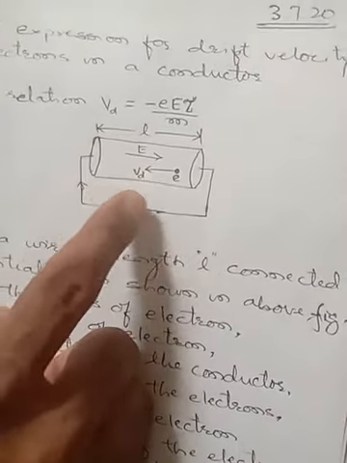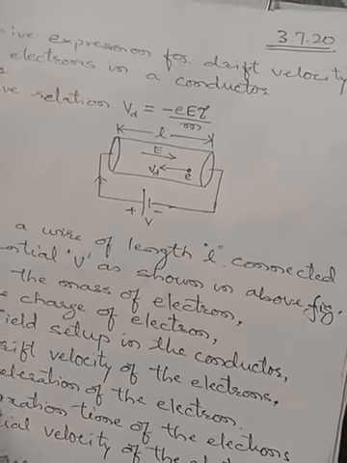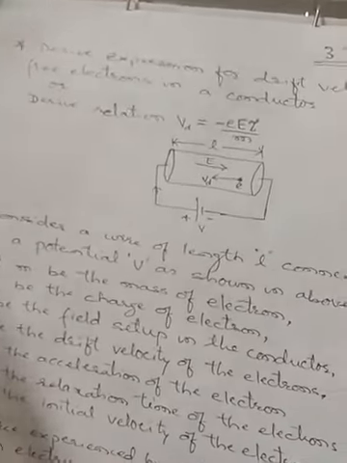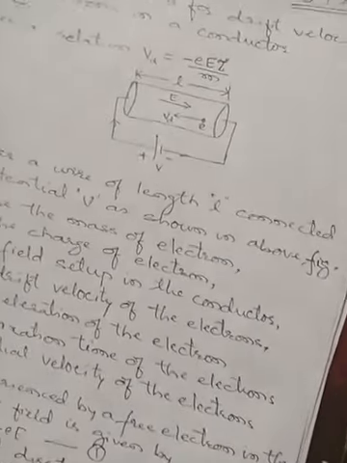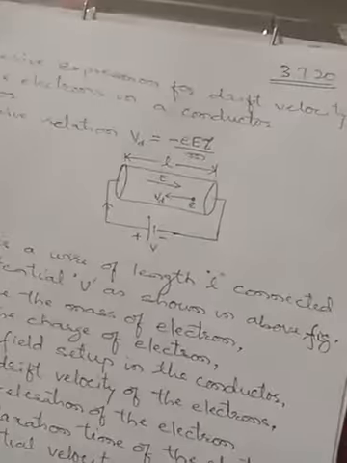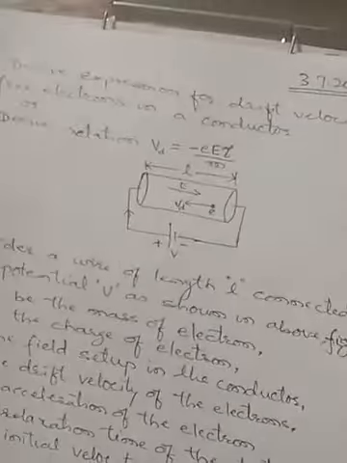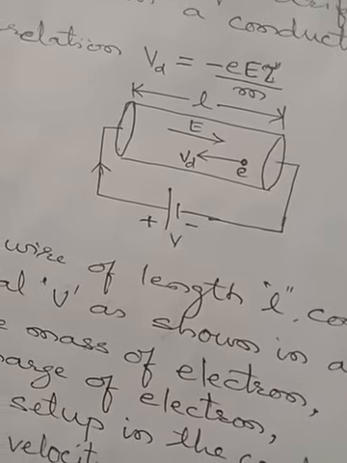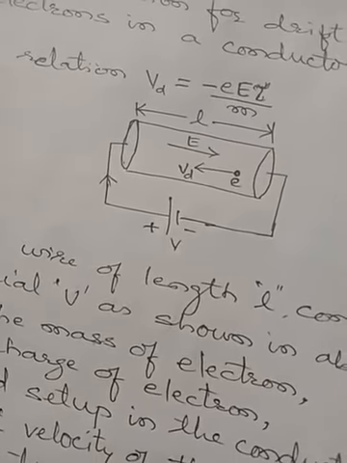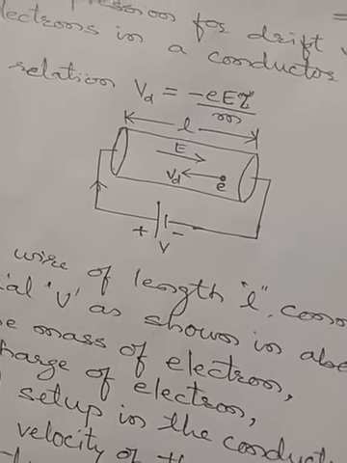Straight away the evaluator can cancel the whole marks. So first of all you must draw the figure. After the figure you have to write the description. In the description there is no necessity that you write in this particular manner only. You can write in your own words, but the notes I have given are clear, simple English notes, so that you can just read this and understand this.